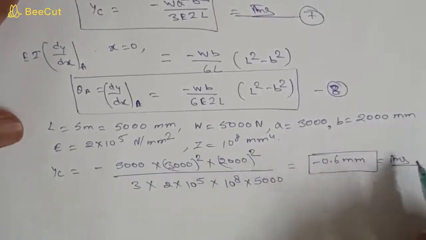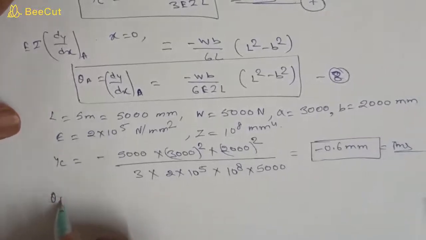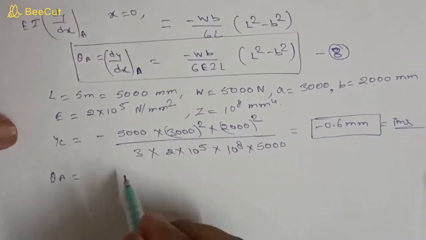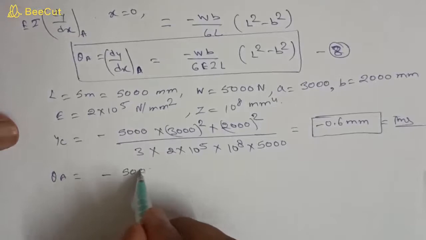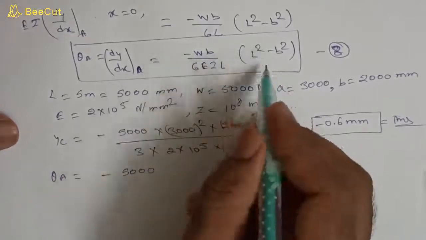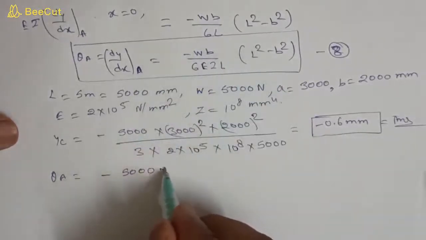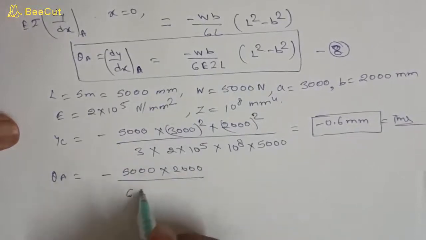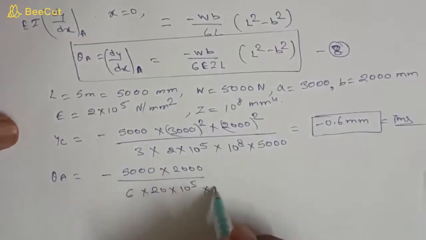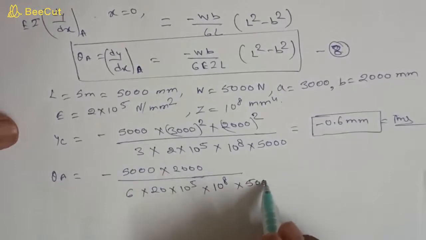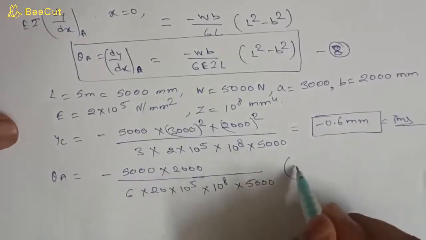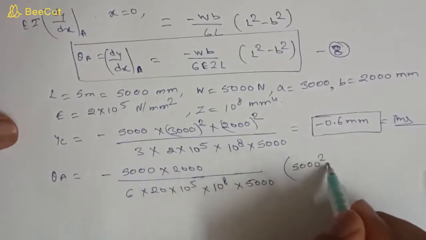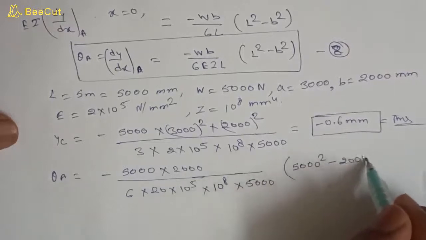Okay, now we will calculate theta A is equal to minus 5000. In this formula we will put all the values, into B is 2000, upon 6 into E is 2 into 10 to the power 5, into I is 10 to the power 8, into L is 5000, in bracket 5000 square minus 2000 square.